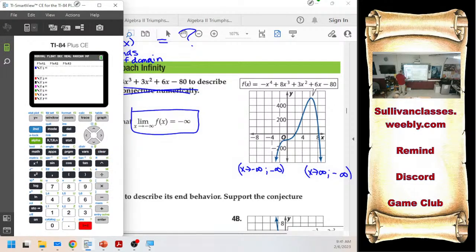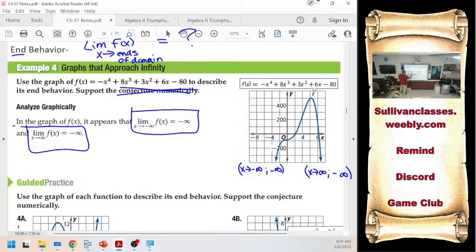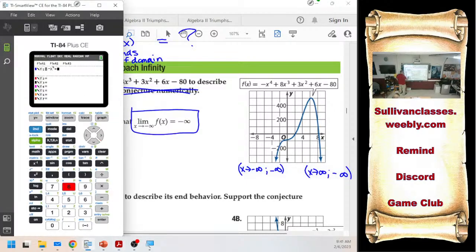Clear. Negative x to the fourth plus 8x to the third plus 3x squared plus 6x minus 80.